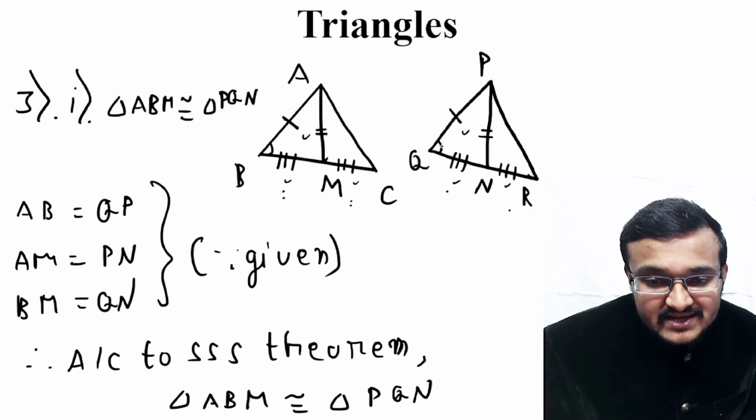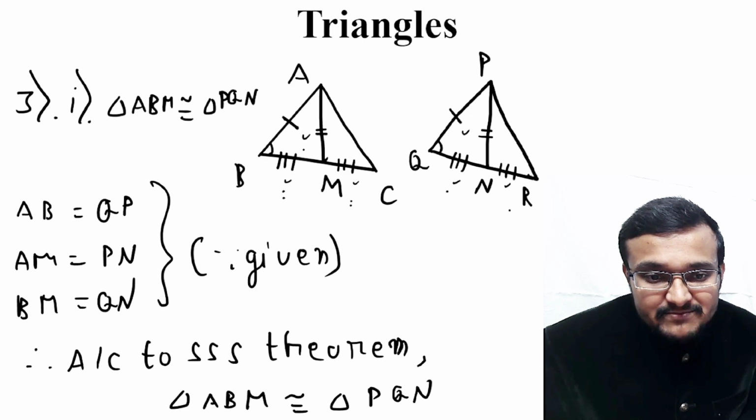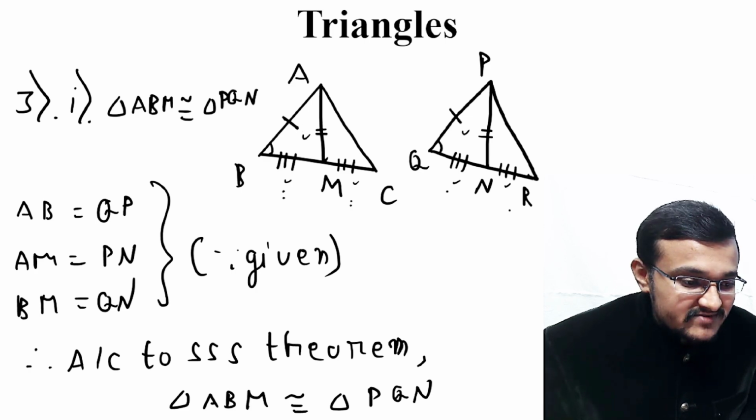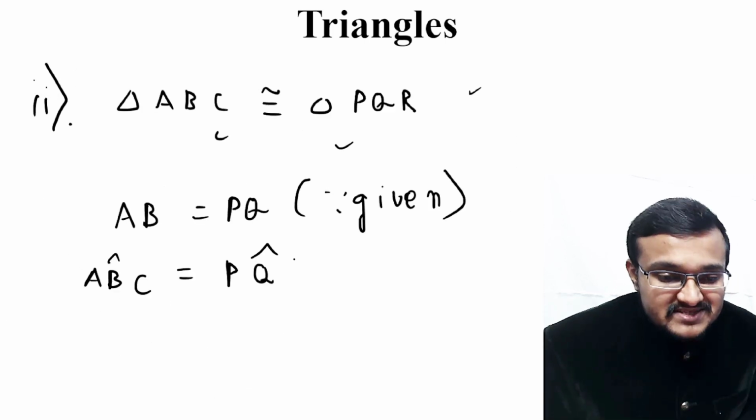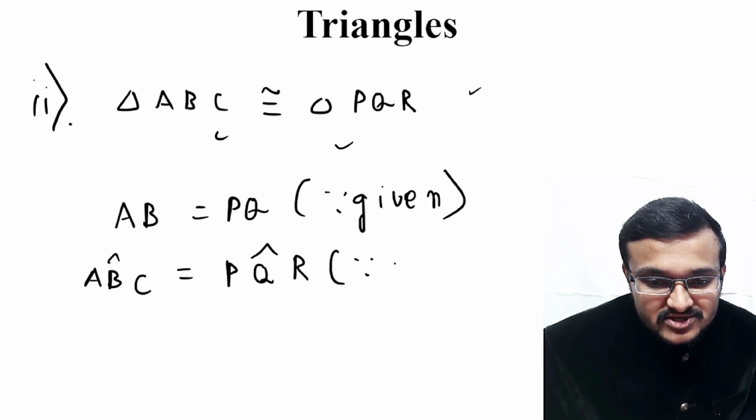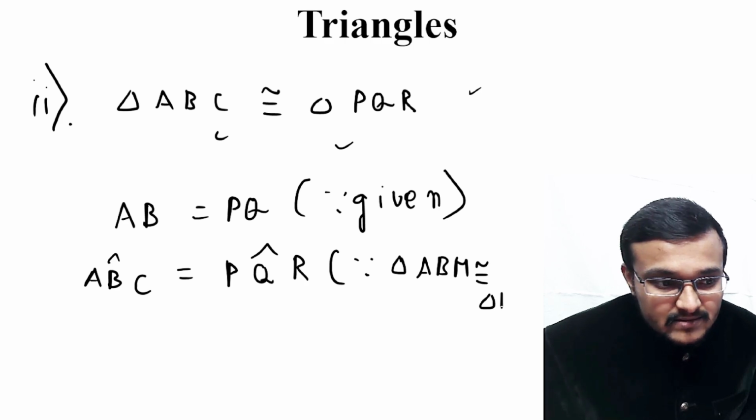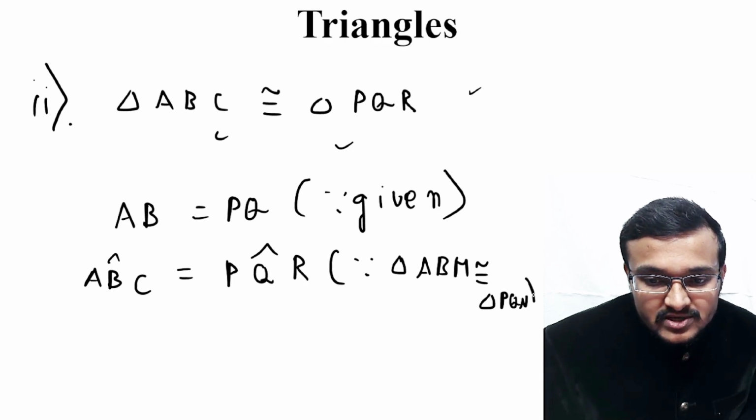So if we consider these two triangles, AB is equal to PQ, this is already given, and this particular angle and this particular angle will be equal to each other because ABM and PQN are congruent with each other. So angle ABC is equal to angle PQR. This is because triangle ABM is congruent with triangle PQN.